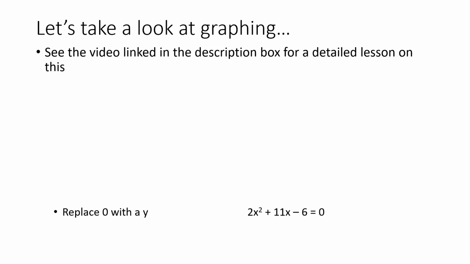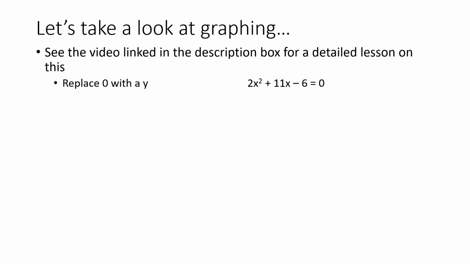So the first thing that we do is we replace the 0 with a y. When you're using graphing, you have to get whatever equation you have set equal to 0. And then we replace the 0 with a y.